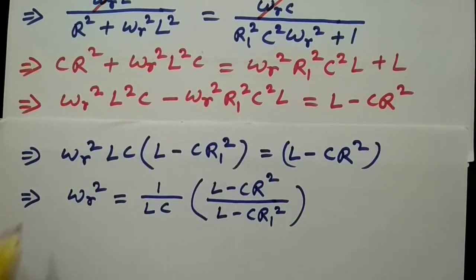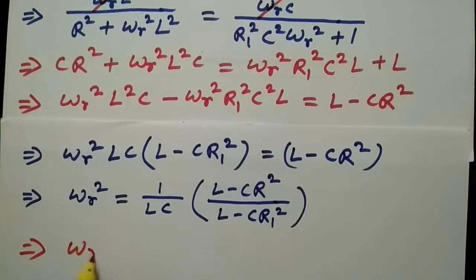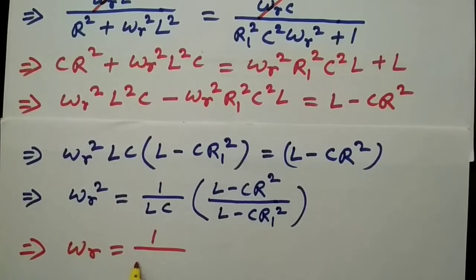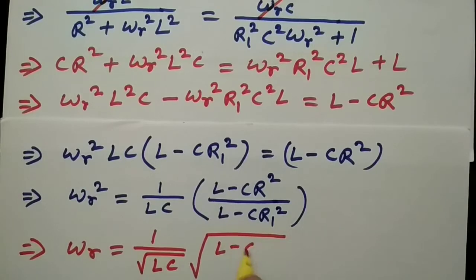Therefore, omega R can be written as 1 upon square root of LC and square root of L minus C R square upon L minus C R1 square.